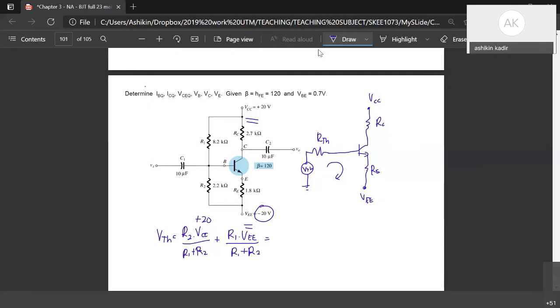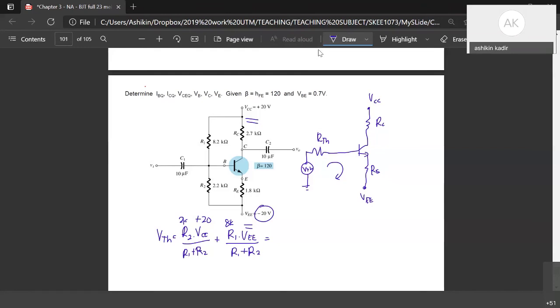R1 is 8K, R2 is 2K. 2K you multiply with 20, you get about 40K, right?